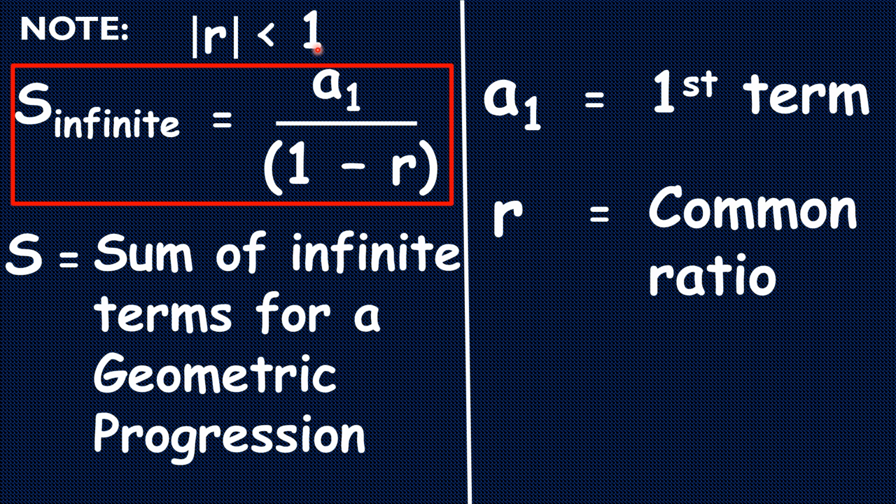Anything less than 1 is a fraction. That is the only way in which the summation will have a convergence. If your R or the ratio is greater than 1, there will be no convergence, and therefore the sum to infinity will also tend to infinity, whether it's positive or negative.